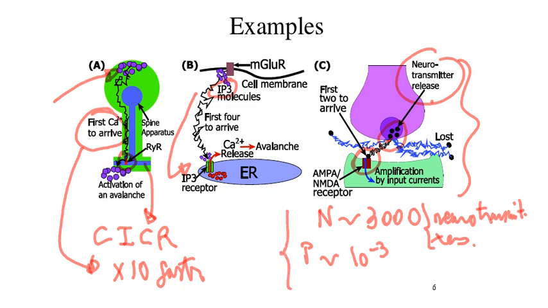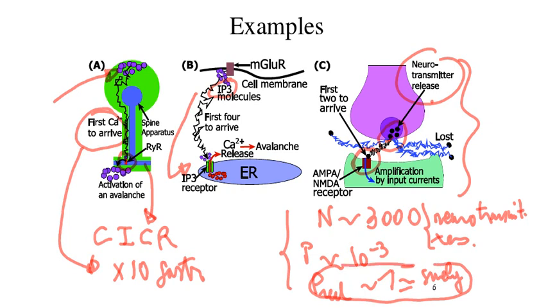So the two combined make a real probability close to 1, making this event sure. So when a vesicle is released, it will surely open some channels.